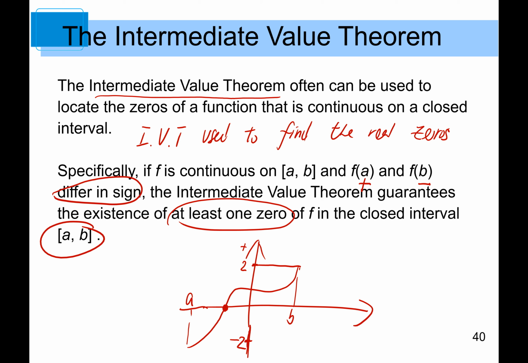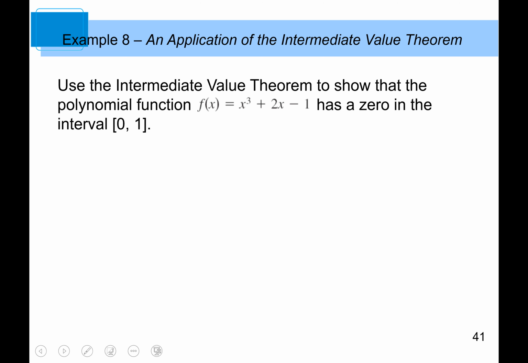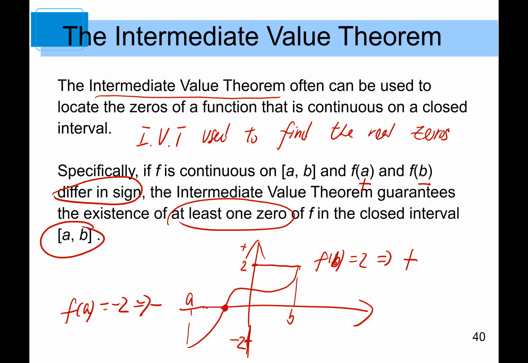Then f of b is 2, positive. f of a is negative 2, which is negative. Then as you can see from the graph, there's a real zero in between a and b.